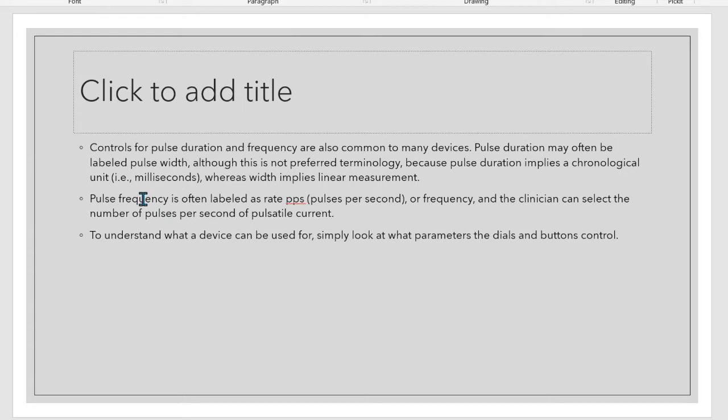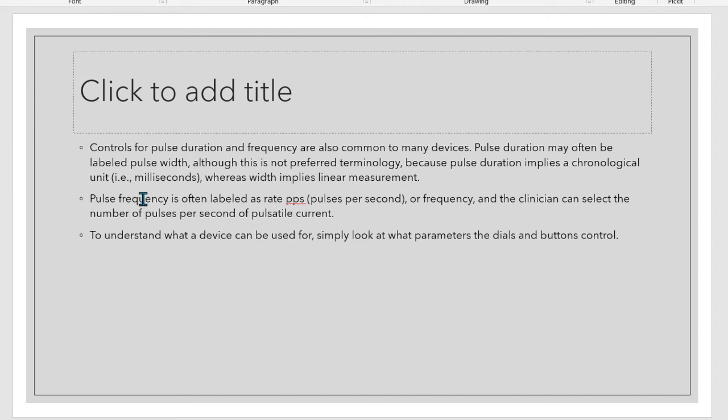Then the pulse frequency is often labeled as rate in pulses per second, or frequency. So you could see that in your device. You can select the number of pulses per second or pulsatile current. You can see that later in the image that I'm going to flash, an example.